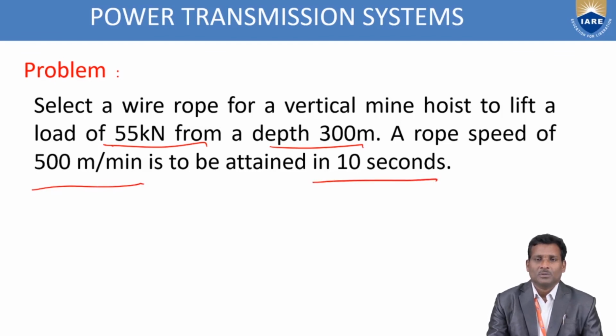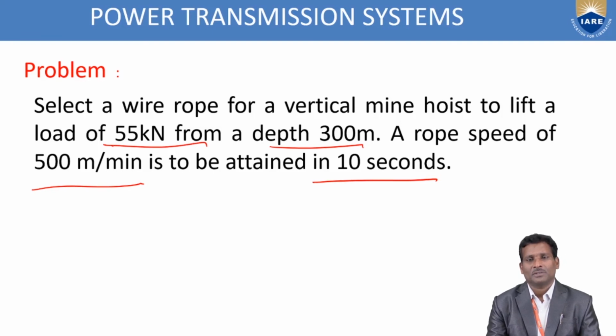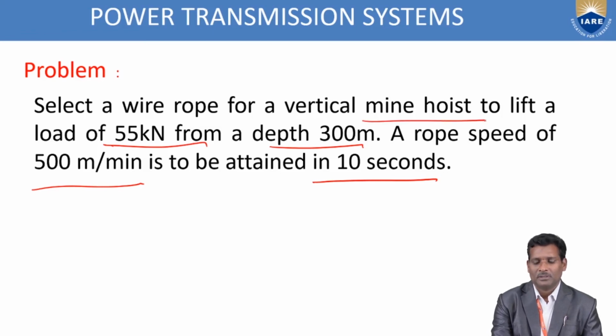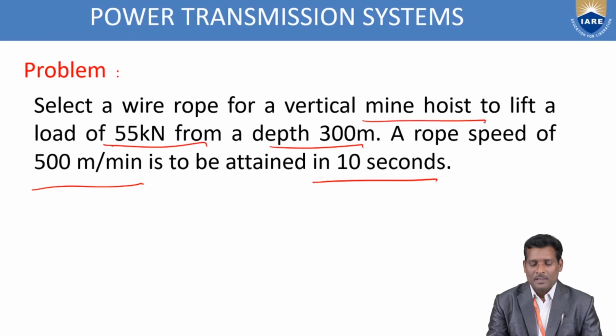How to solve this problem? Apply the design procedure we discussed in the previous slide to this problem. We will get all the values and finally select a wire rope for the main hoist machine.